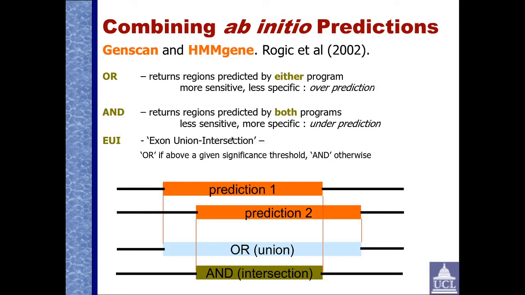Another way of combining them is what's known as exon union intersection. What we do here is we start with the ANDed prediction, so the less sensitive but more specific one, and then we extend out from this while either of the predictors has a high confidence value, so some sort of significant threshold.